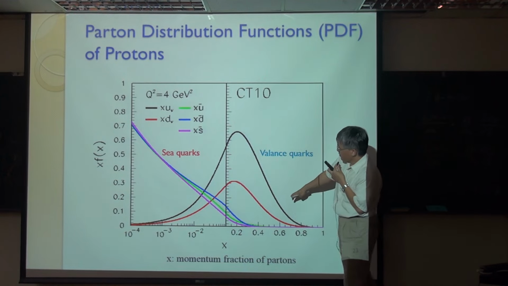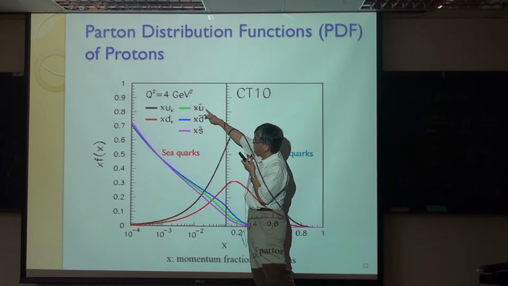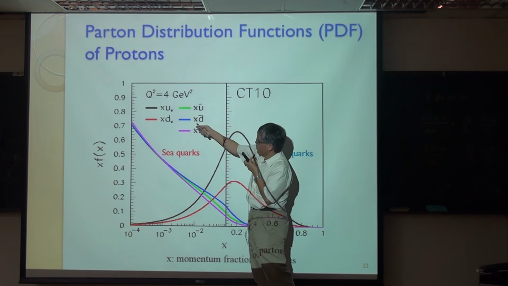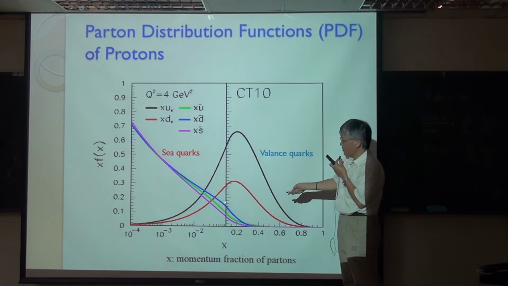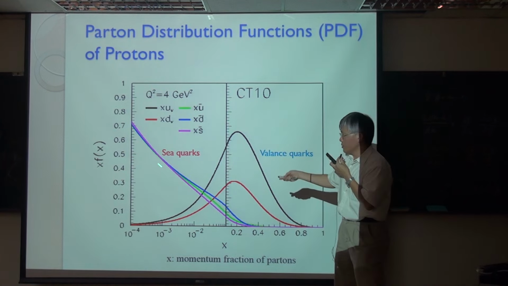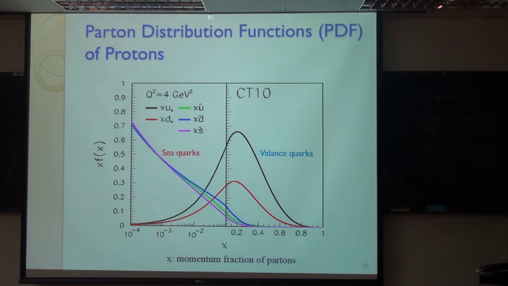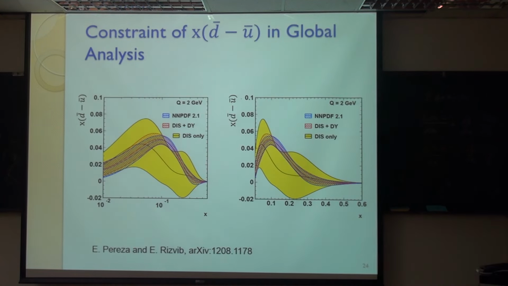But here there are different lines: this u bar, d bar, and s bar. You see this green and the blue obviously have different distributions. So this has already been determined by experiment.